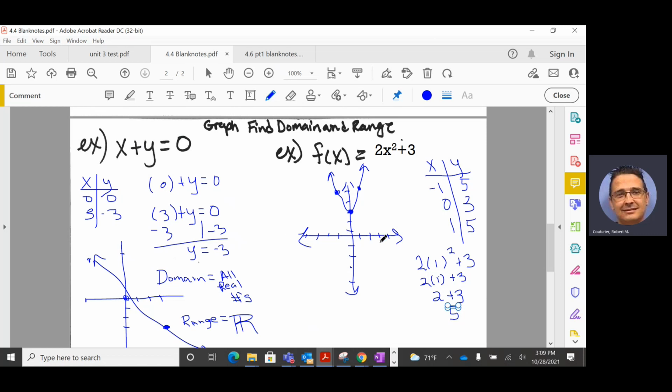So if we were looking for the domain, our domain, again, we're using every single x there is. We can say it's all real numbers, and I'm going to use that little abbreviation again. Remember this, all real numbers means all real numbers, the double R, R with the double legs, all real numbers. But my range is going to be different this time.